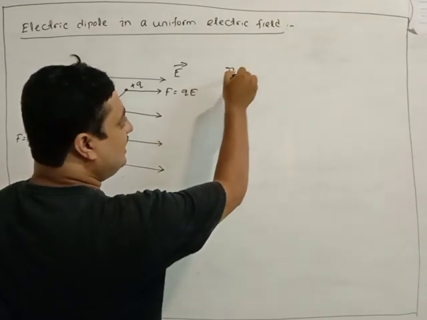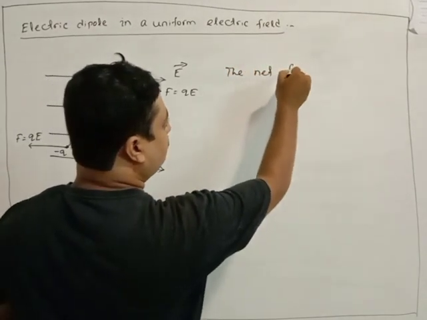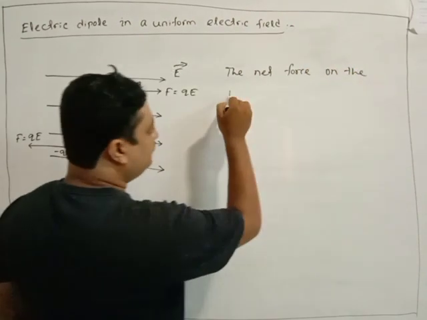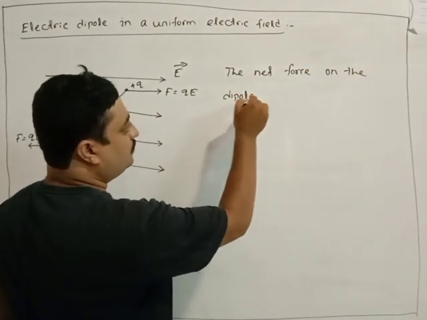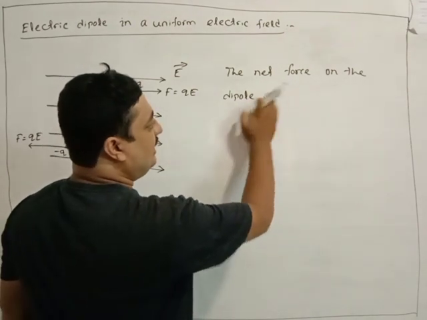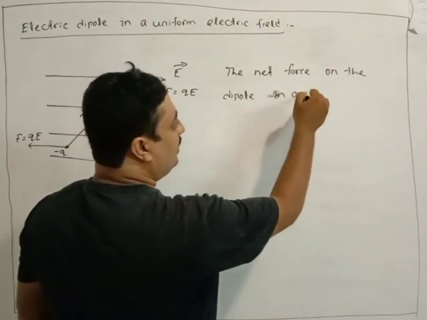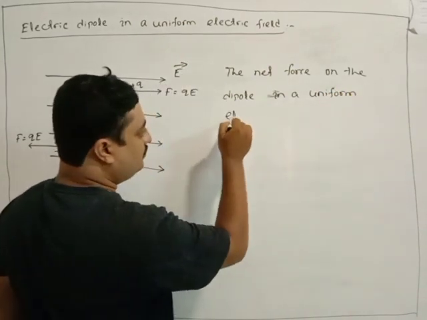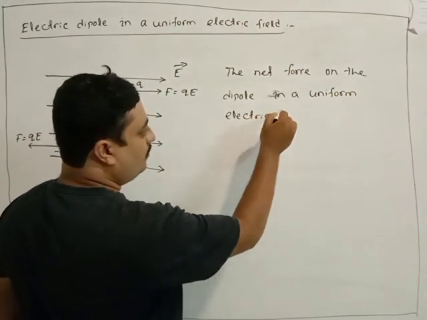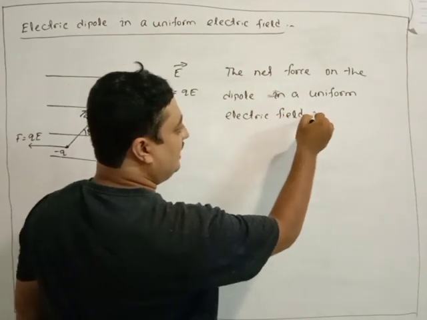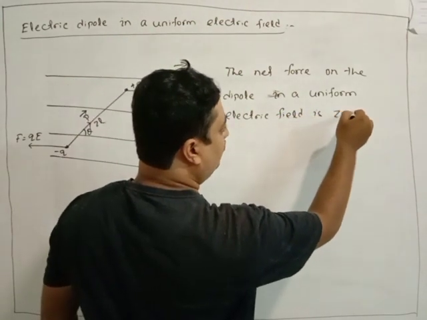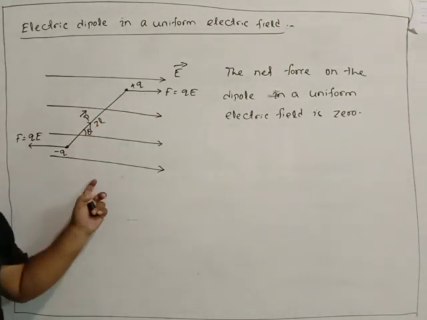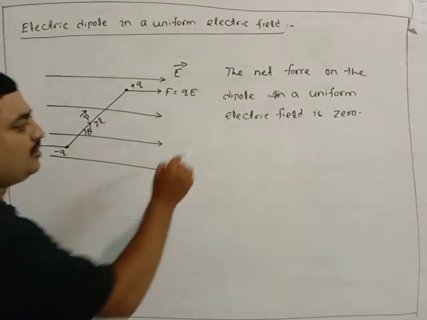So, the net force on the dipole in a uniform electric field is 0. So what is the net force? The net force is 0.